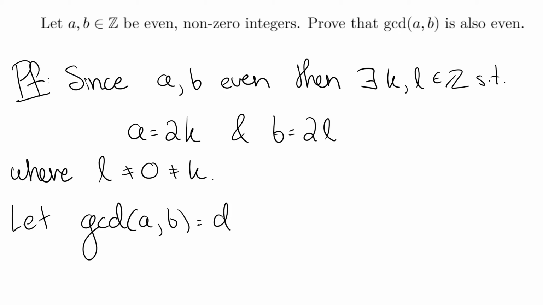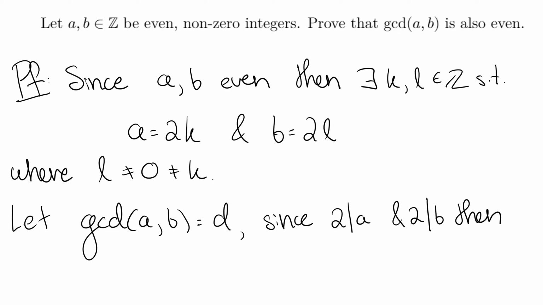Okay, well, maybe let's do some exploring about D. Since 2 divides A and 2 divides B, then D is at least 2. Okay, well that's nice. But why couldn't D be 3 or something? You might be thinking in your head that you understand why this has to be true, but we still need to prove it.